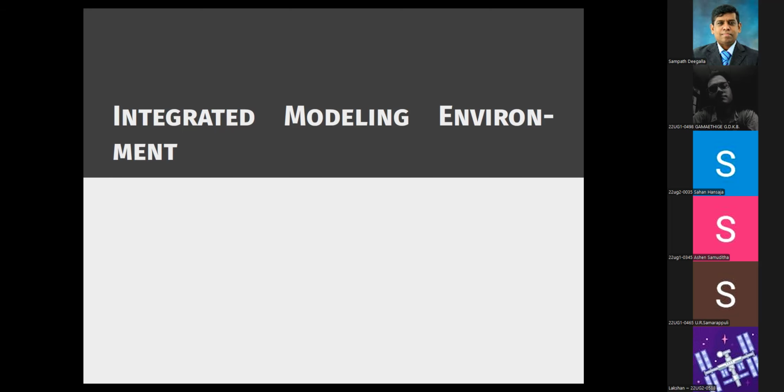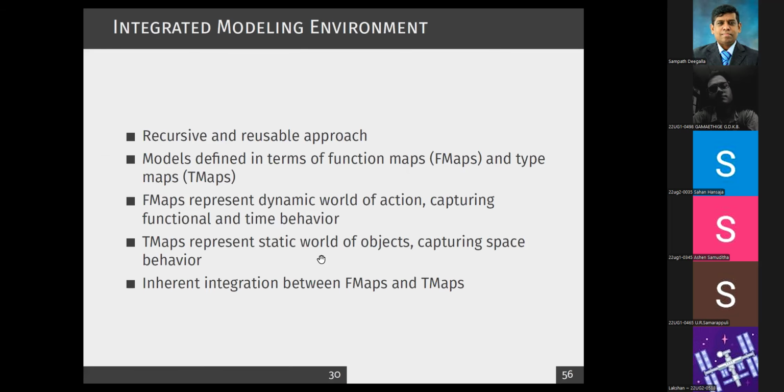In this integrated modeling environment, we are going to focus on two main graphical representations, which we call functional maps and type maps. I told you they use graphical representation for model development. It was a recursive and reusable approach, but the two main maps they used are F maps and T maps.